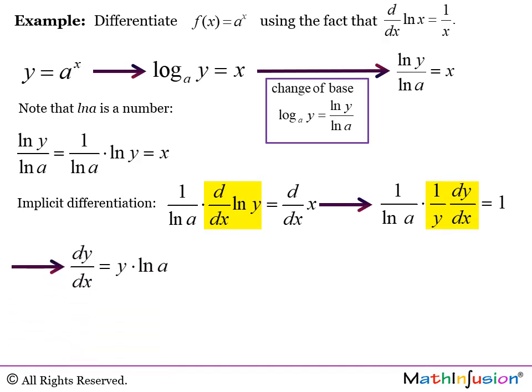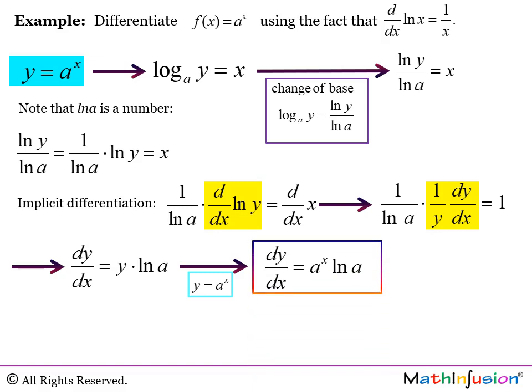We get that dy/dx equals y times ln a. The only thing left to do now is to replace y by a^x. And I get that dy/dx equals a^x ln a. dy/dx is the derivative of the function f(x).